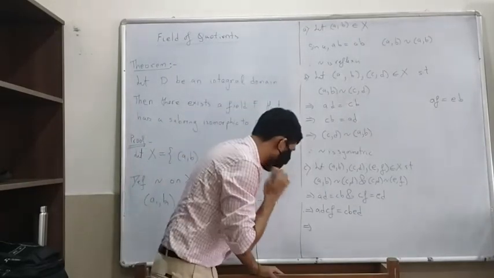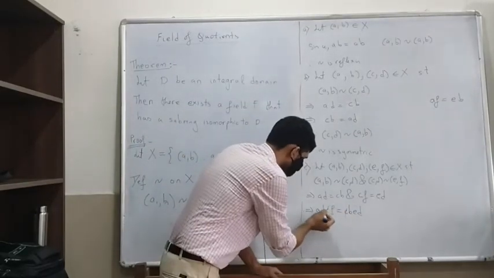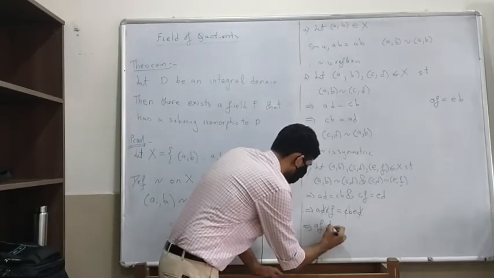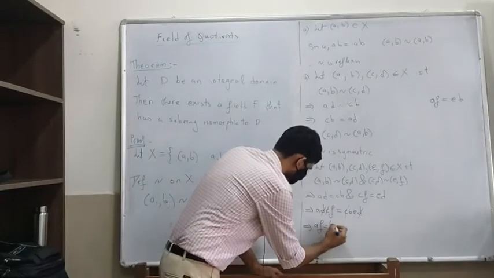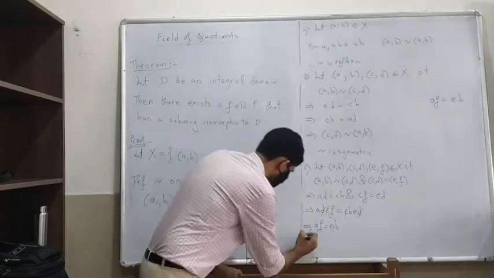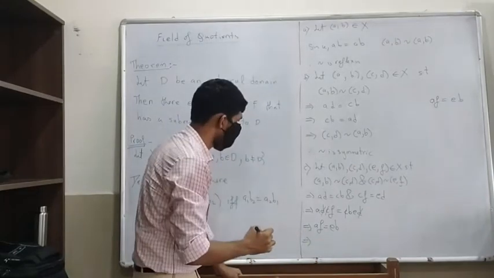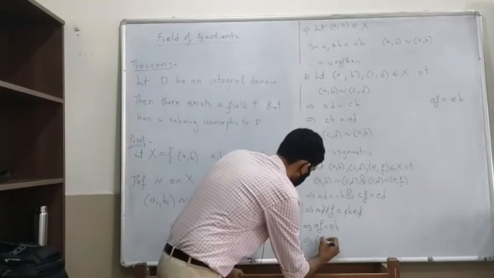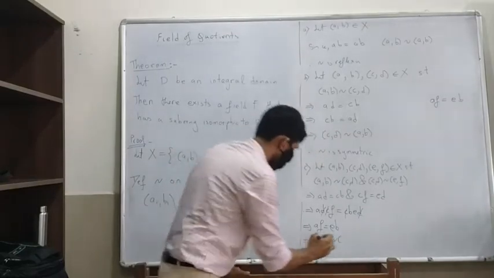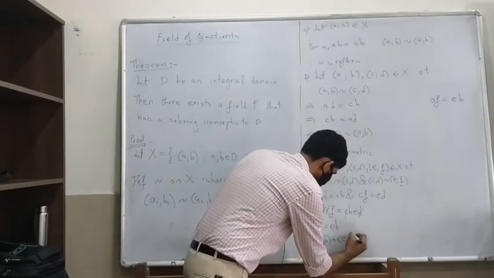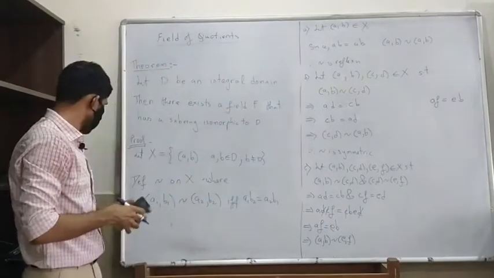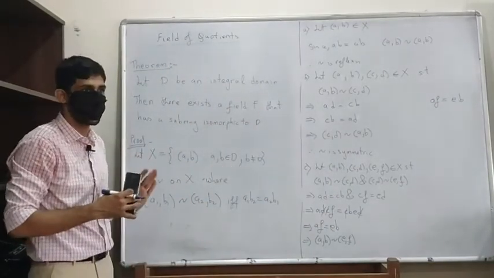So this gives us, cancel out this C with this C, this D with this D, exactly gives us AF equals EB. Let's write it as EB. Okay, and this tells us that (A, B) is related to (E, F). Okay, so that's it. So this proves that this is an equivalence relation on X.